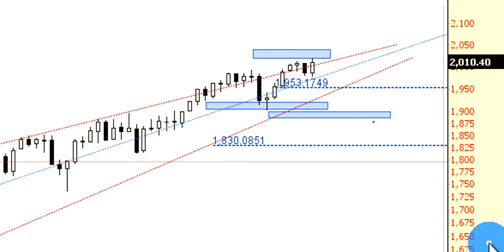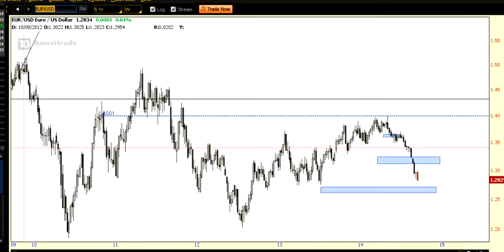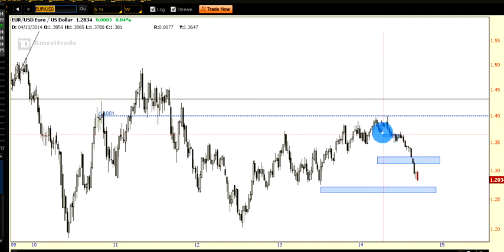So let's back out of this and look at the Euro US dollar. That continues to sell off. We talked about this spot here, and we had drawn a couple of boxes. There was a box here, and then we drew another box here, and it's slowly approaching the next area where it might stop.